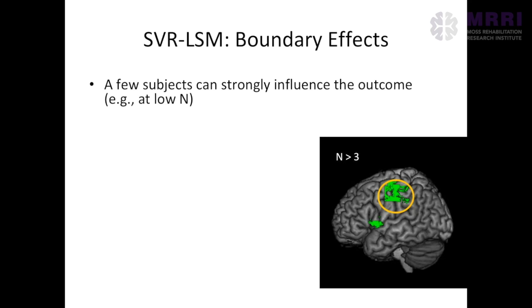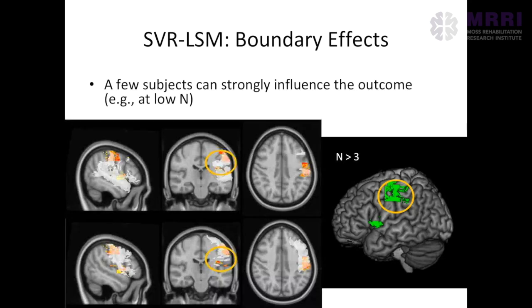It turns out that what this effect arose from in this particular case is that this test was being run on what we would consider to be relatively low n, about 30 people. And it turns out you can go in and find individual subjects who have lesions that happen to cut off right around that point.